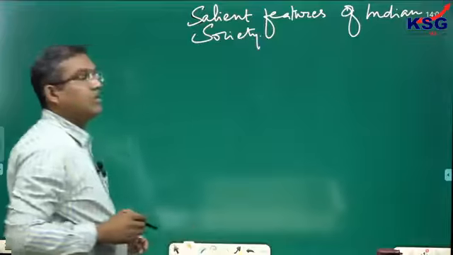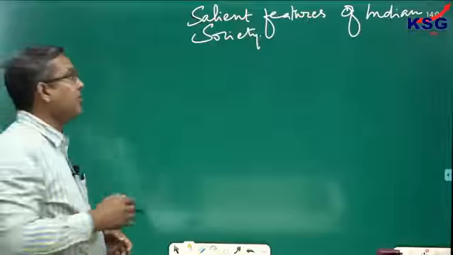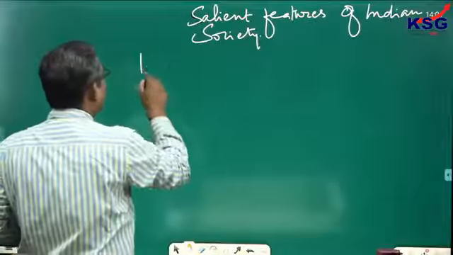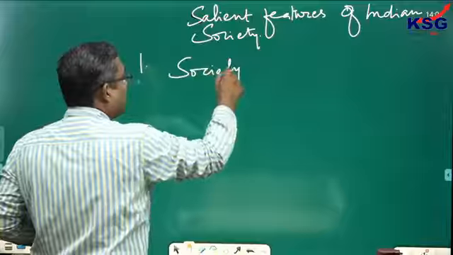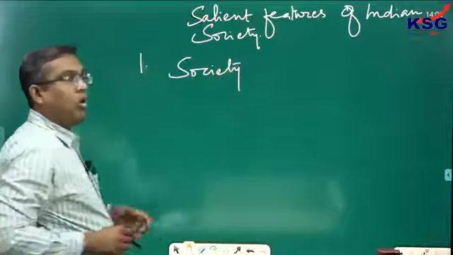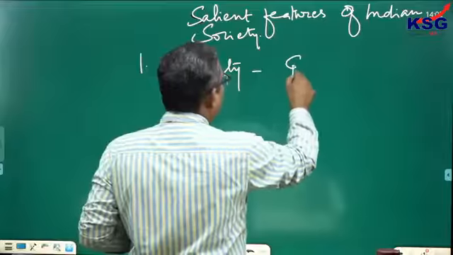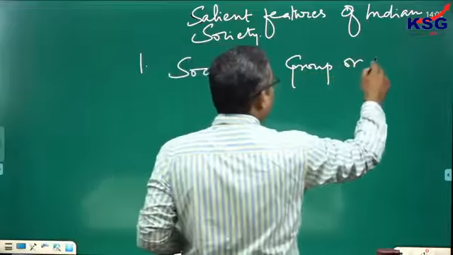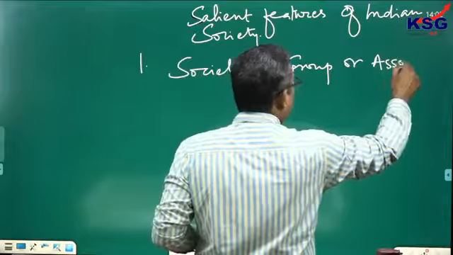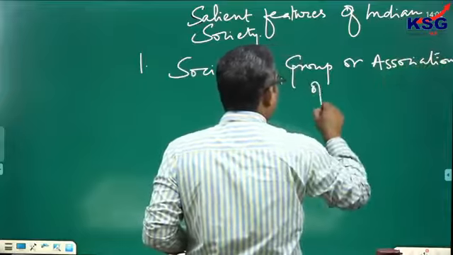This is the topic we have started, salient features of Indian society. And the first thing we developed our understanding of is society. What is a society? Society is basically a group or association of people.